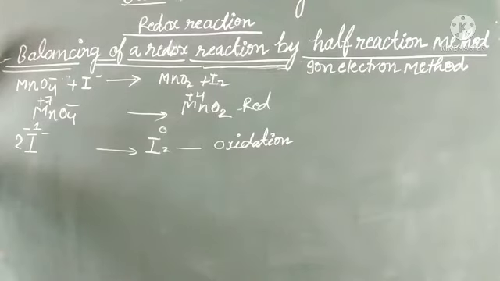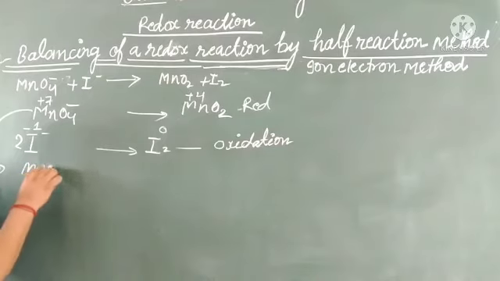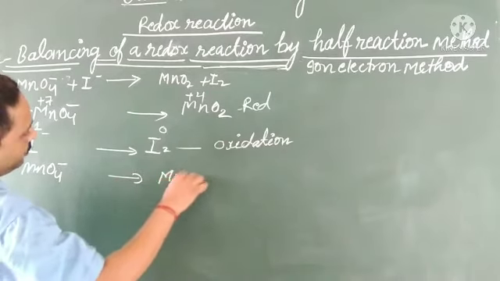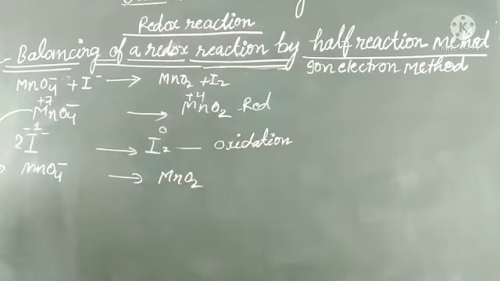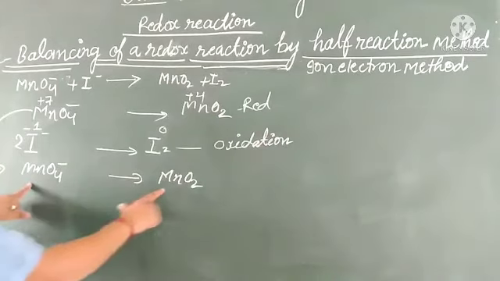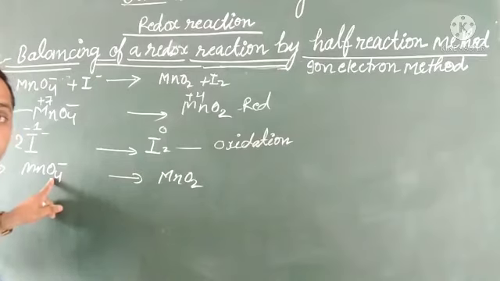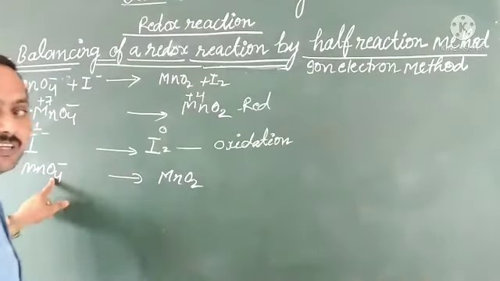Okay, so I will start balancing here. We got two half reactions. I am taking that equation again here. What is that? MnO4 minus gives MnO2. Yes, so Mn is balanced, no problem. But oxygen is not balanced here.